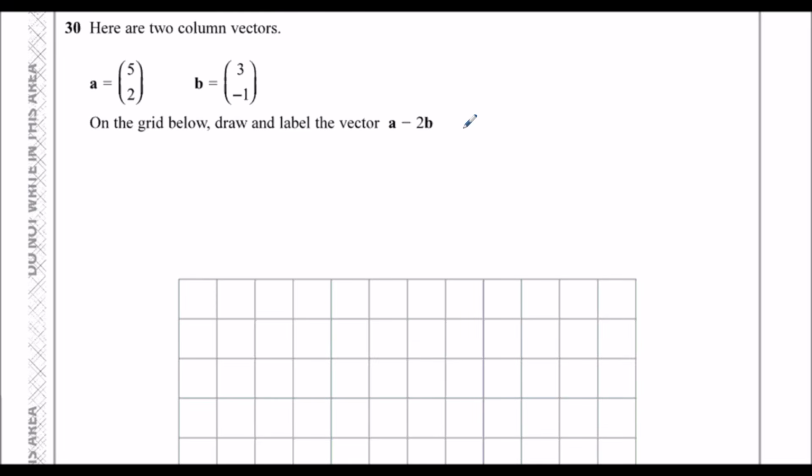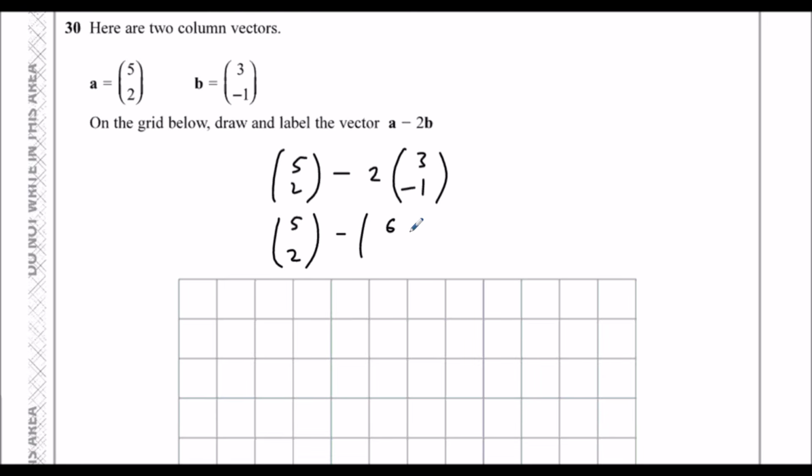So we could just work out what A minus 2B is first. So A is 5, 2, and we're taking away 2 lots of 3, negative 1. So let's do 2 times this first. So 5, 2, take away 2 3s are 6, 2 negative 1s are negative 2.